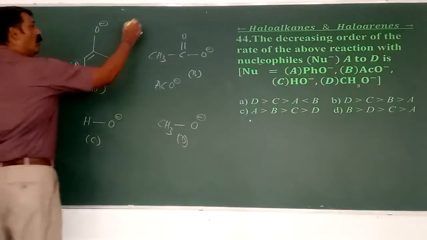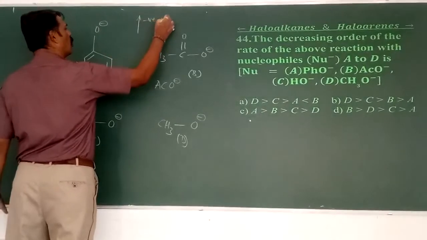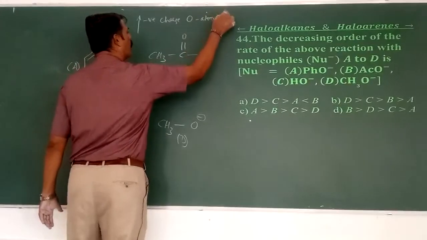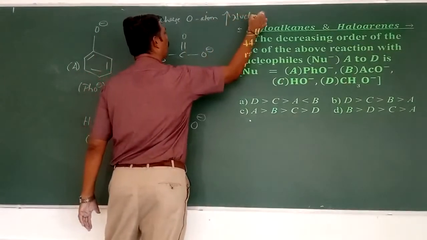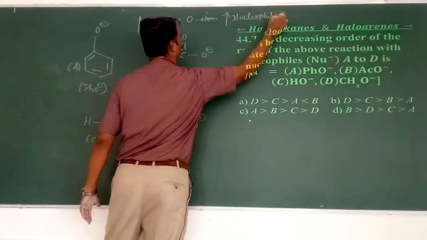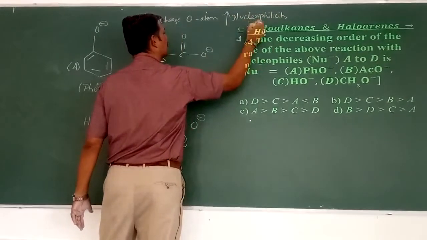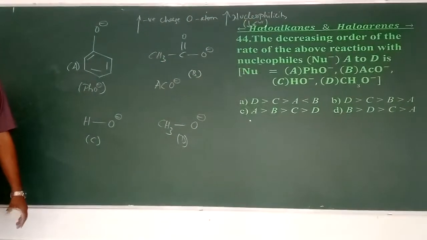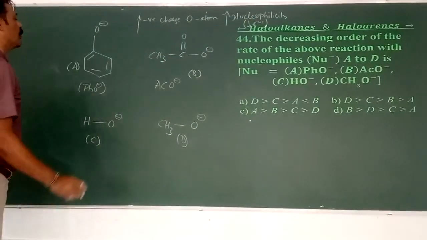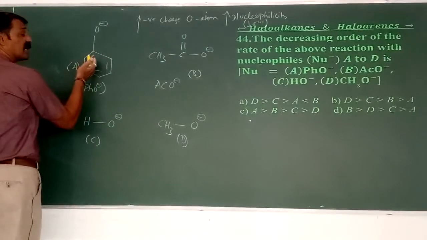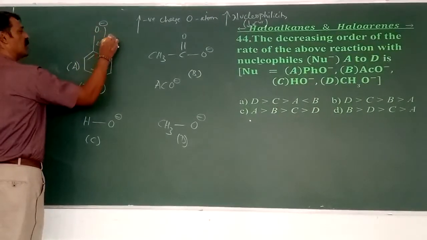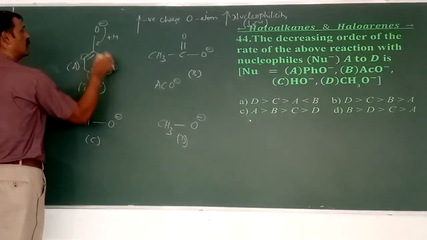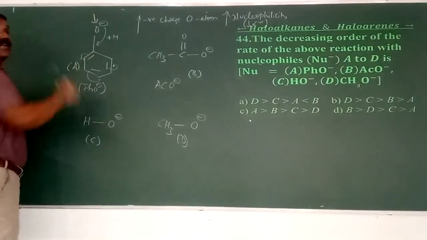The more the negative charge on oxygen, the more is the nucleophilicity. Or indirectly, the lesser is the electronegativity with respect to that atom. Here O minus is attached to the benzene nucleus. According to the plus M effect, the negative charge gets decreased.